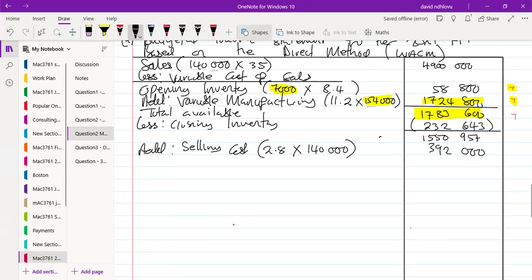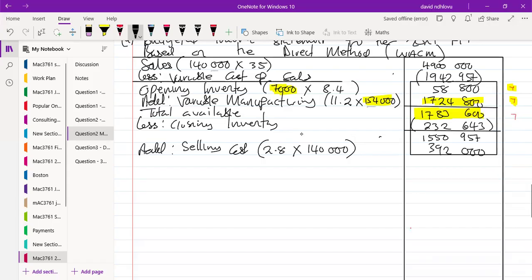Once we have that, we are able to determine our cost of sales. So we add the 1,550,957 plus 392,000. Then we are going to have a figure of 1,942,957.